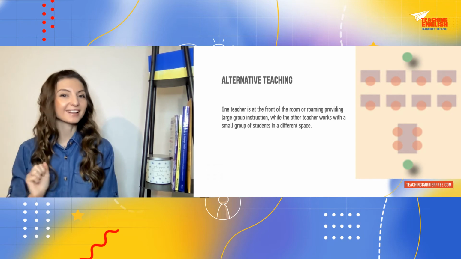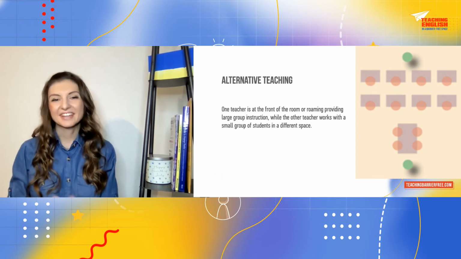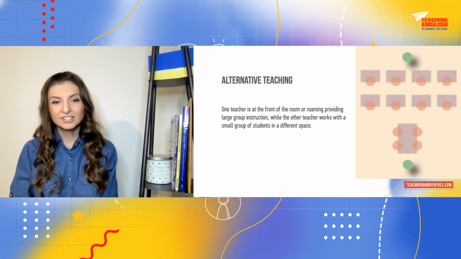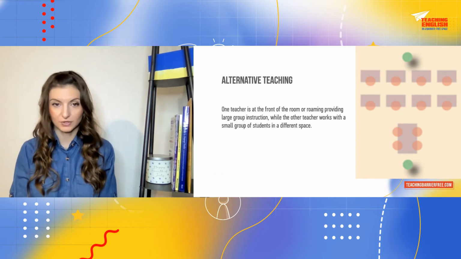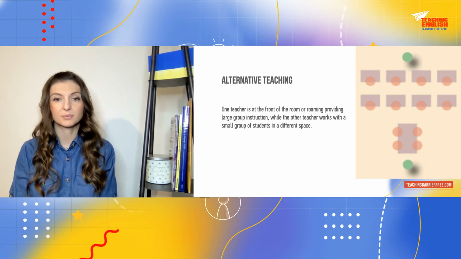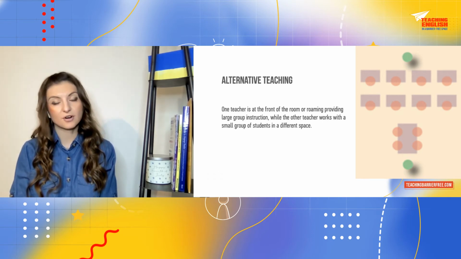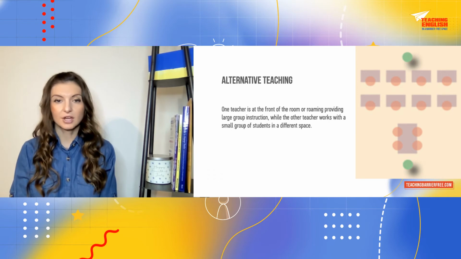Number 4, alternative teaching. In alternative teaching, one teacher instructs most of the class and the other teacher teaches an alternate or modified version of the lesson to a smaller group of students. Alternative teaching is also sometimes described as big group, small group teaching. Small groups are often put together based on students' learning needs. You and your co-teacher will need to find time to look over student data.